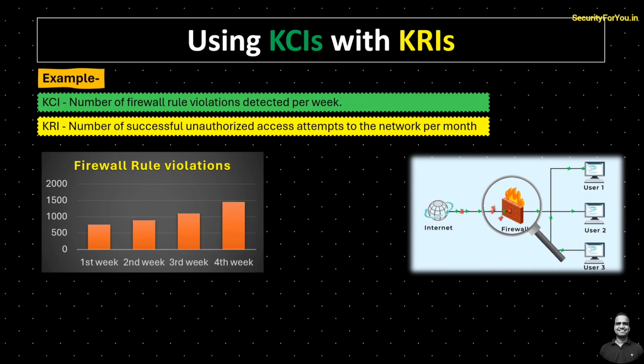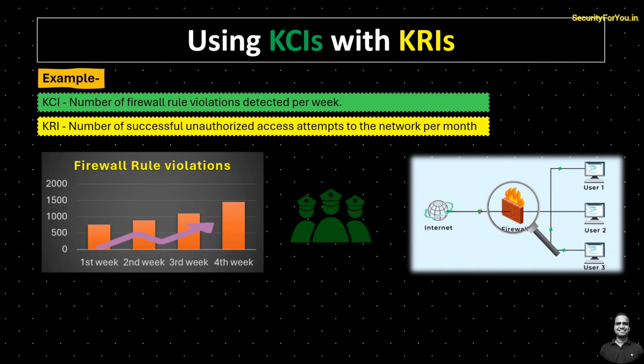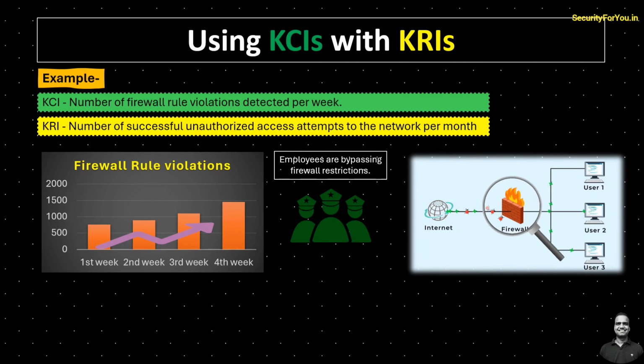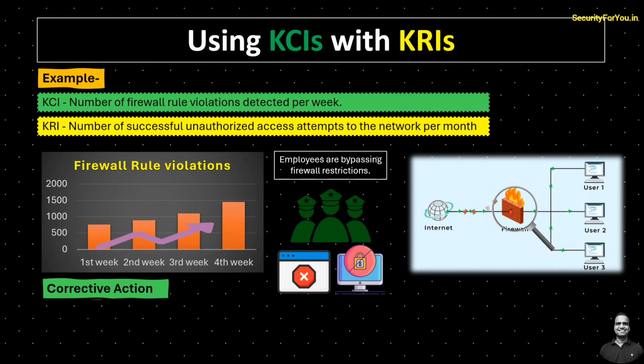One week, the KCI shows a significant increase in rule violations compared to the usual trend. Upon further investigation, the security team discovers that several employees have been bypassing firewall restrictions to access restricted websites and download unauthorized software.